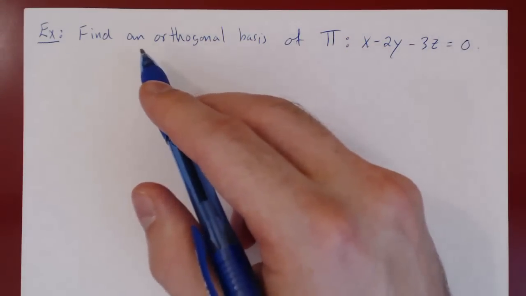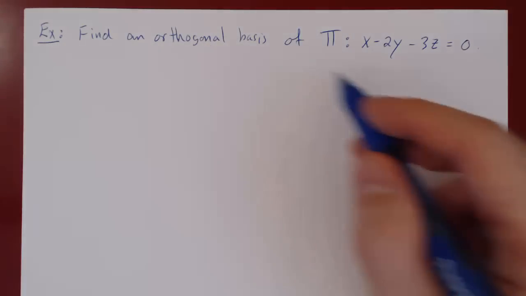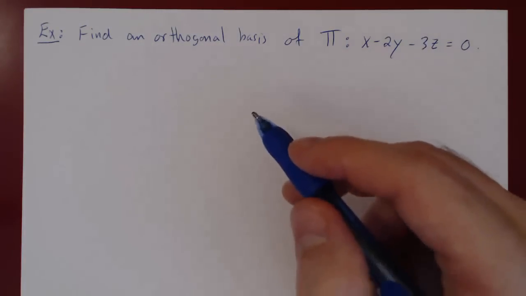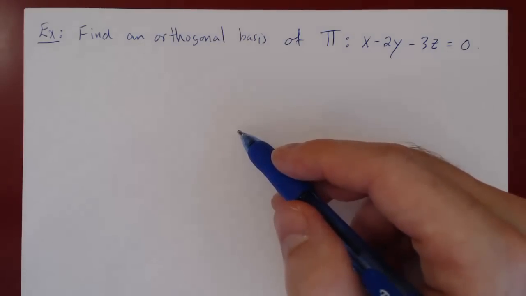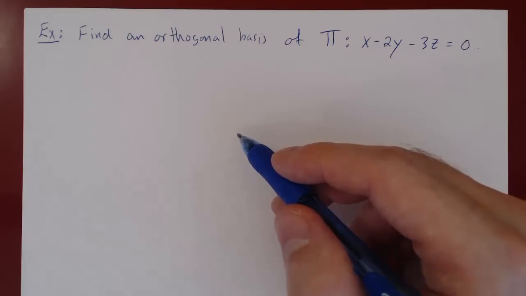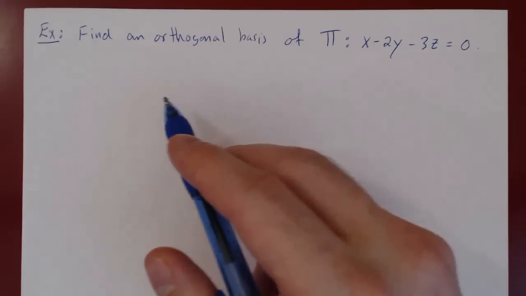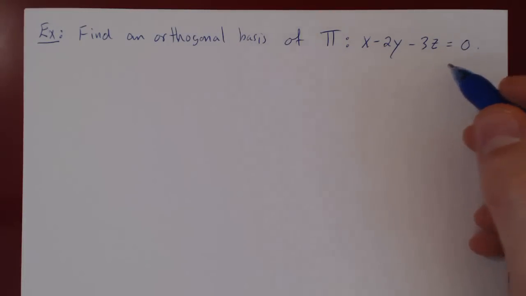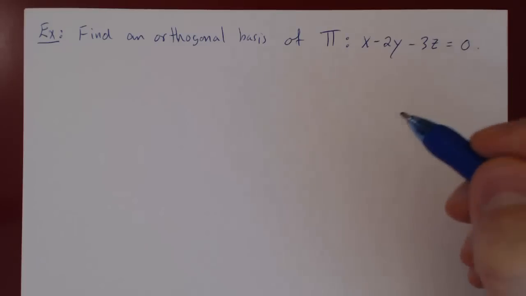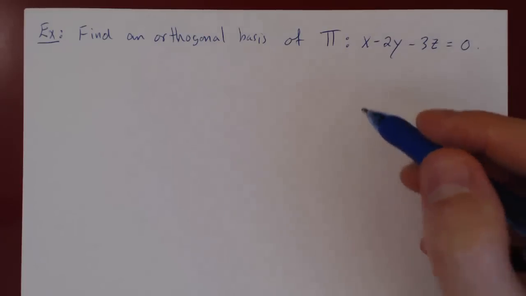Now, every time you want to find an orthogonal basis for a vector space, it's always a two-step process. First, find a basis, any basis, and then use Gram-Schmidt to transform the basis to an orthogonal basis. And every time you look for a basis of a space, you have to find the vectors or the points in the space explicitly.